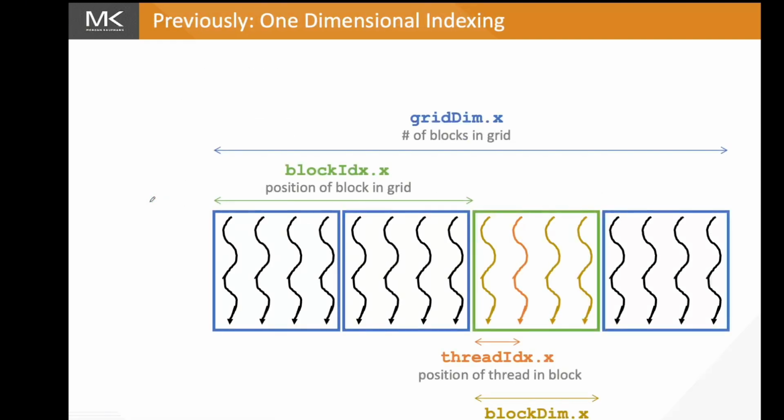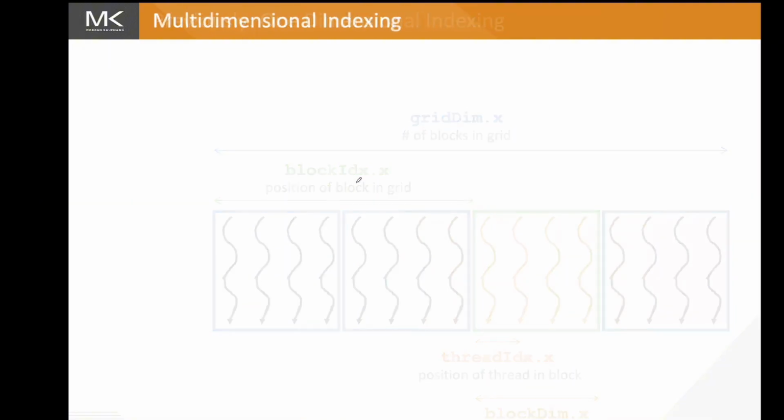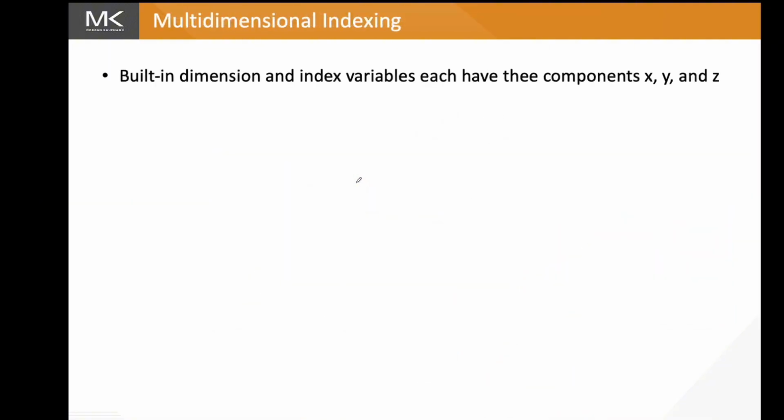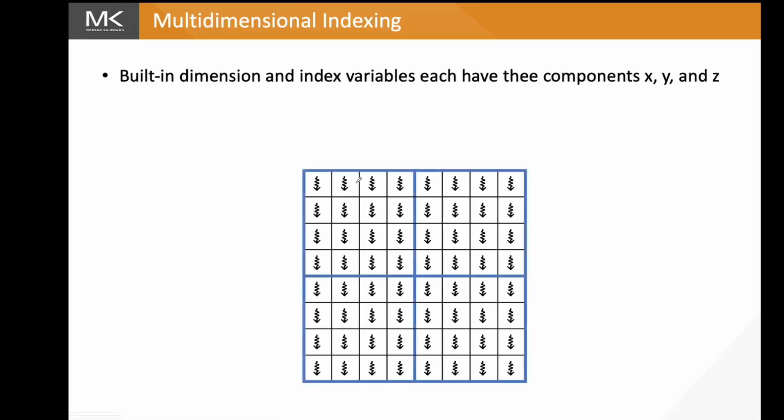So in the 1-dimensional case, we had this indexing system that I also explained today. And we have a similar indexing system, but in the 2-dimensional or at most 3-dimensional case when it comes to multi-dimensional grids. So for example, consider this grid, which is a 2-dimensional grid. In this case, we have gridDim.x, which is the number of blocks along the x-axis. And also we have gridDim.y, which is the number of blocks along the y-axis, right?